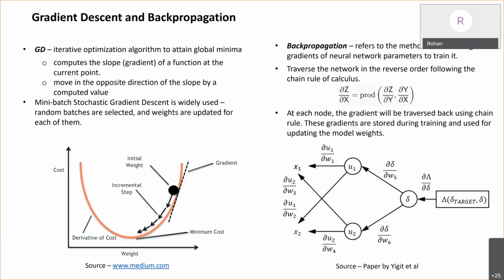So what actually happens when we say that we are doing backpropagation? At each node, we will be finding the gradient, and the gradient will be traversed back using the chain rule, correct? These gradients are very important, right? We will be seeing these gradients when we talk about the practical hands-on session also, and how easy it is to use any deep learning Python framework that we have today to find the gradients.